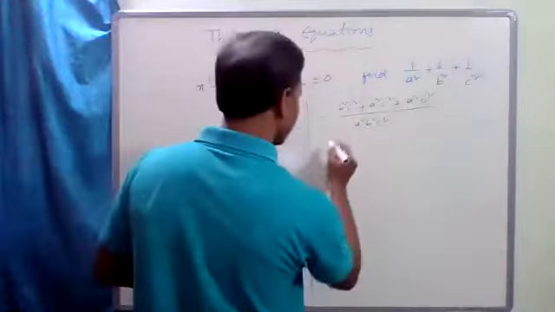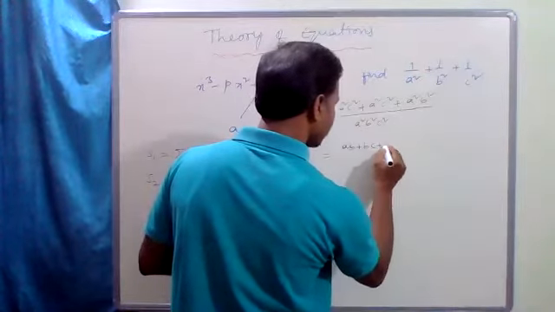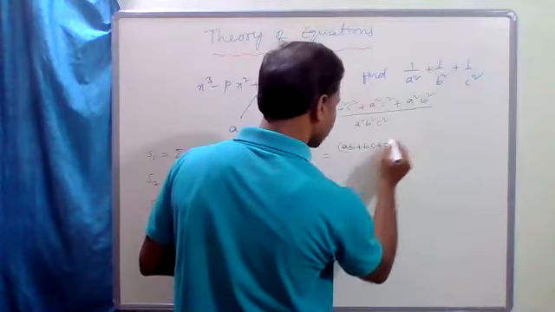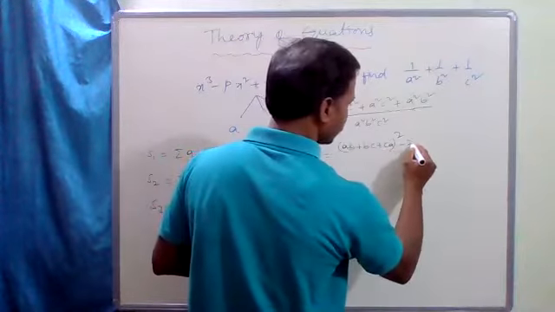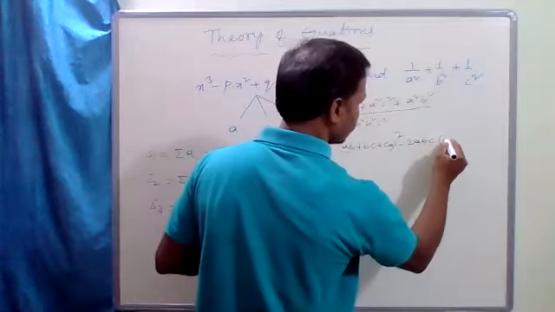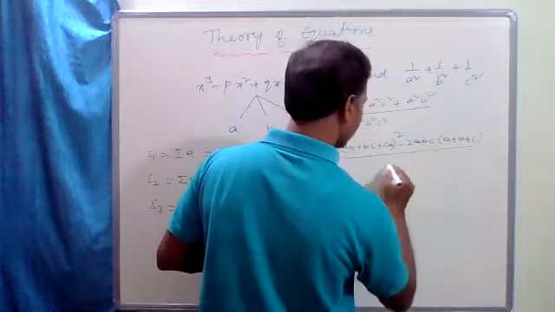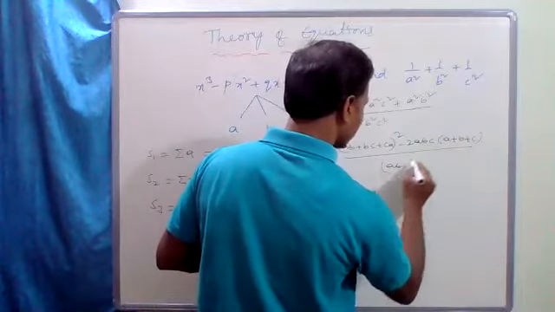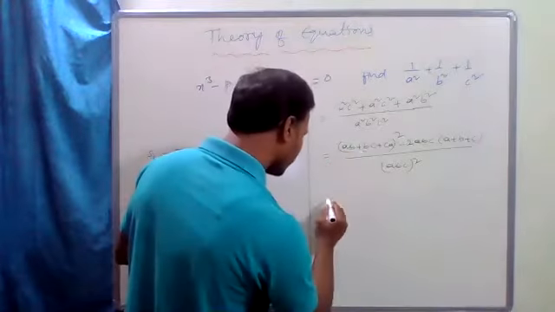See, this can be written as (AB plus BC plus CA) whole square minus 2ABC into (A plus B plus C) by ABC whole square. Now it's clear, because if you expand this, what will you get?